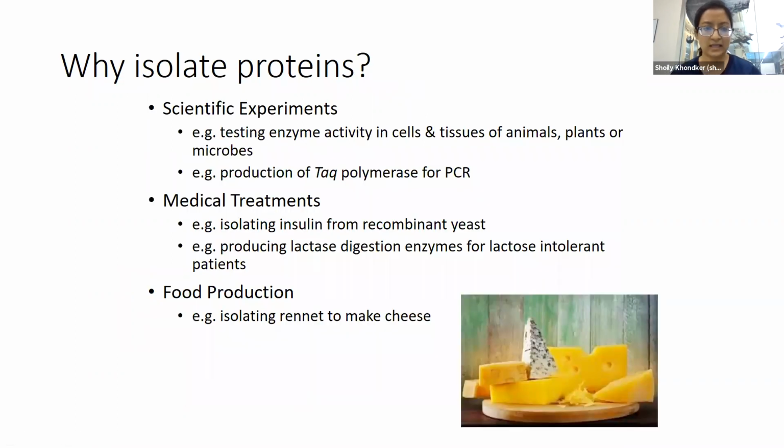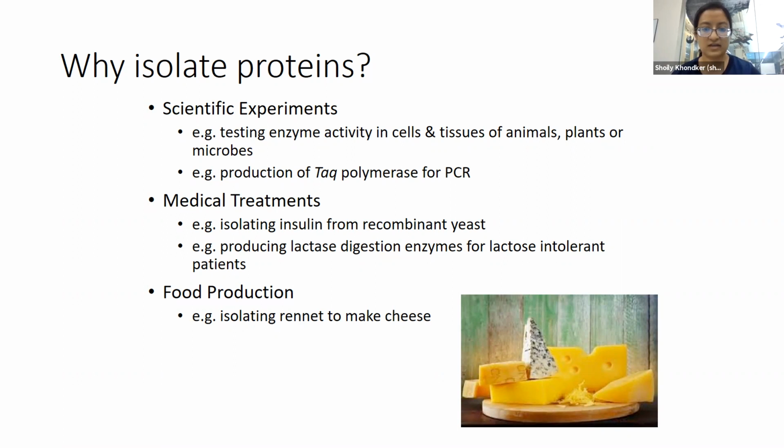So there are many reasons why we would want to isolate proteins. A lot of it involves scientific experiments, such as testing enzyme activities in vitro. It can also be performed to produce large quantities of an enzyme, such as Taq polymerase, which we talked about in PCR.